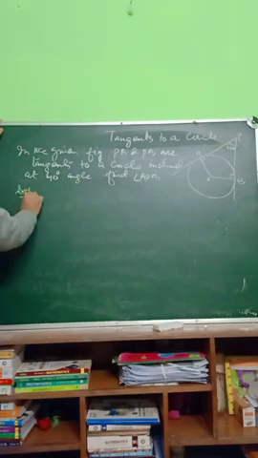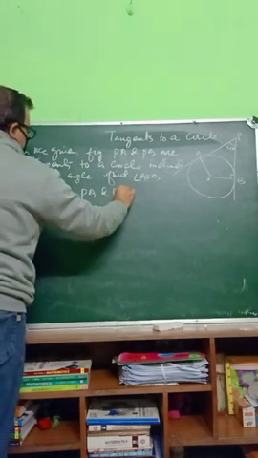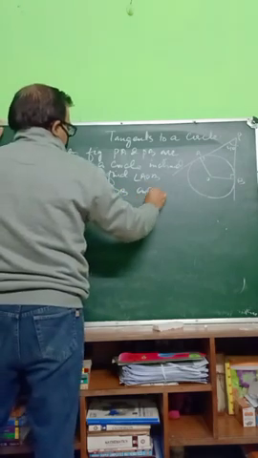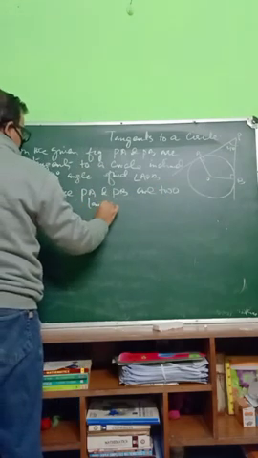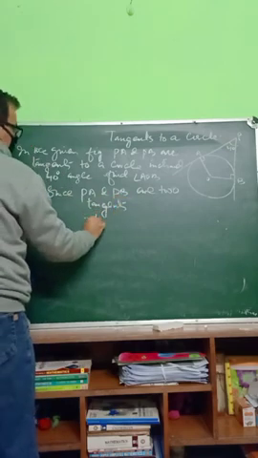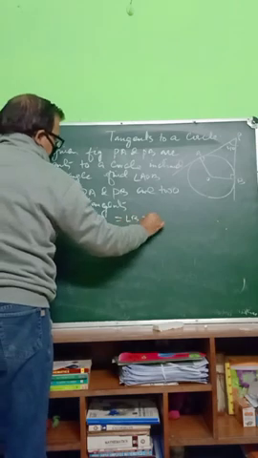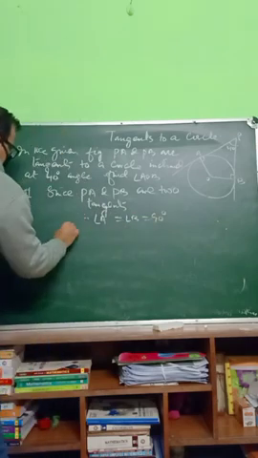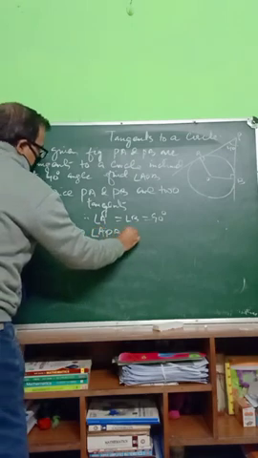Solution. Since PA and PB are two tangents, therefore angle A is equal to angle B is equal to 90-degree. Also angle APB is equal to 40-degree.